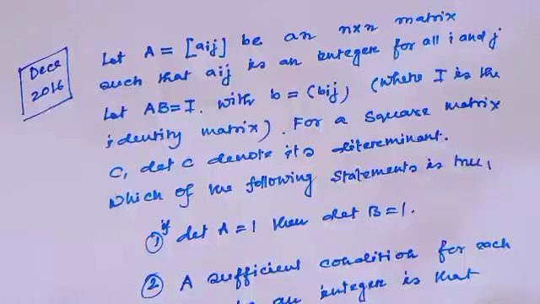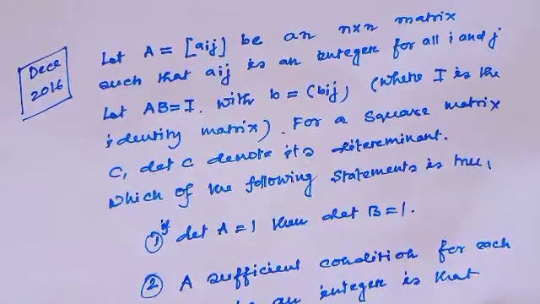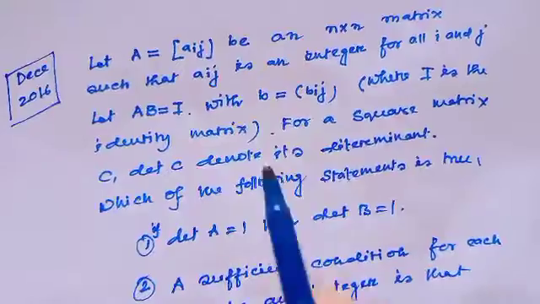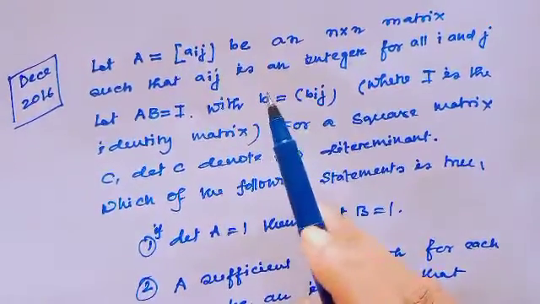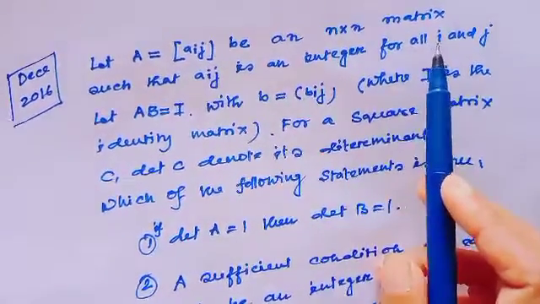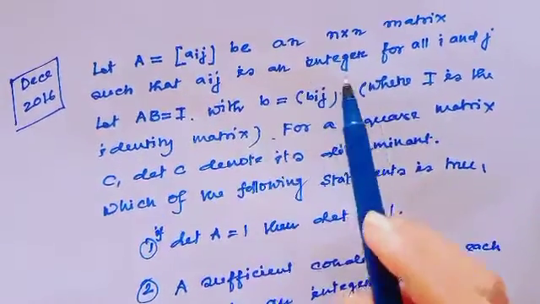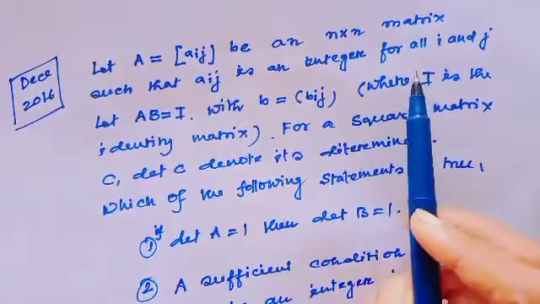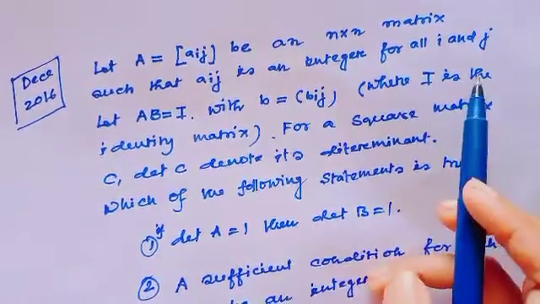Okay? Now I will see one question which came in the December 2016 exam. The question is of this type: A equal to Aij, B are n cross n matrices such that Aij is an integer for all i and j.